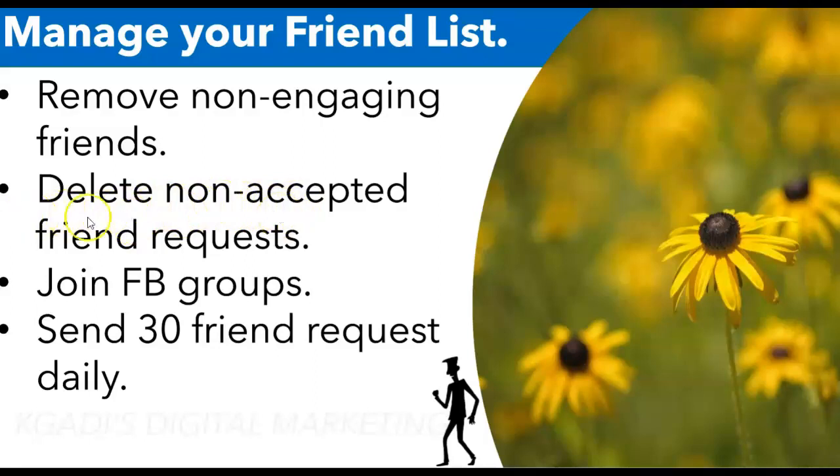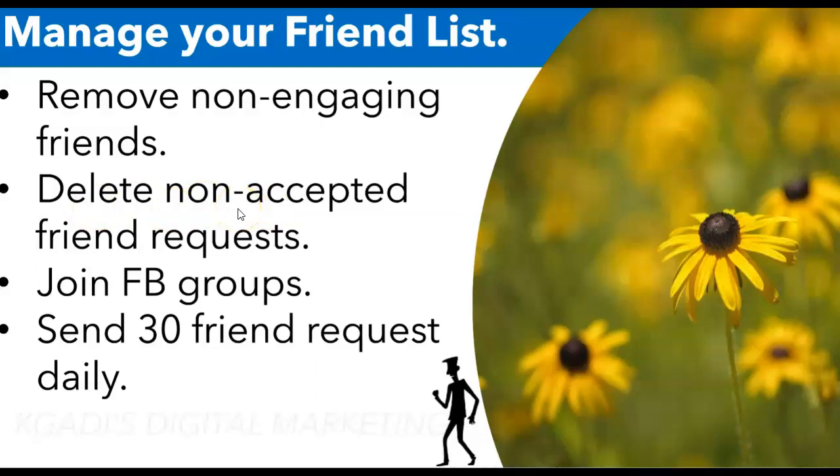Then you need to remove the friend request. I'll show you where you do that. You need to remove that because that is going to affect the algorithm from the Facebook point of view, because Facebook will be sending the posts that you make on a daily basis to those people, and remember, they won't even be engaging. For Facebook to be able to recognize that, and also for you to build authority, it's all about engagement.